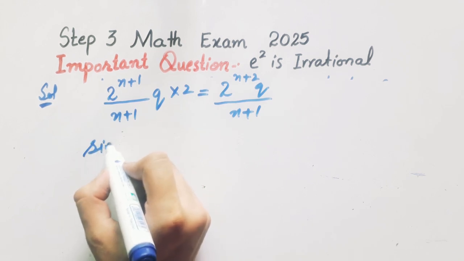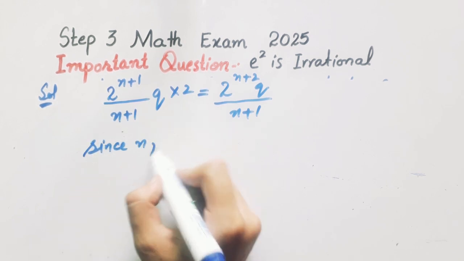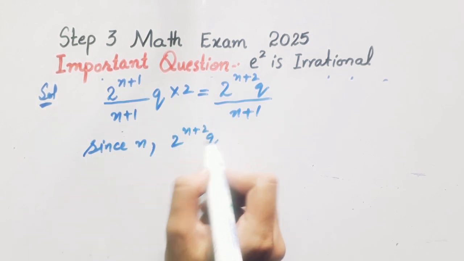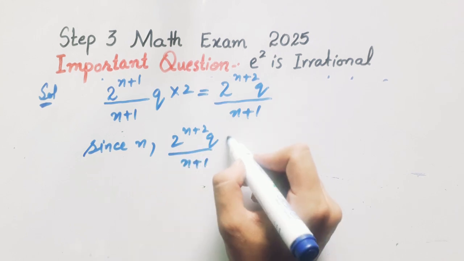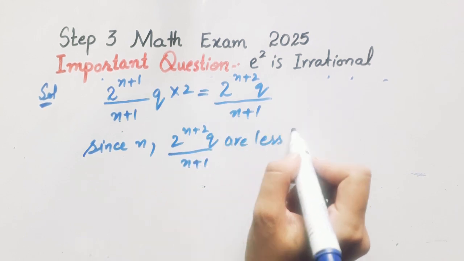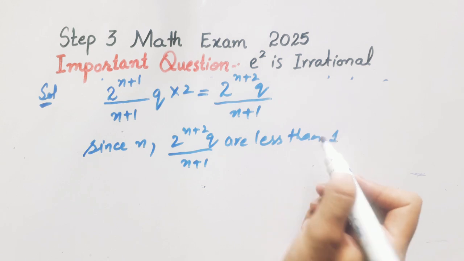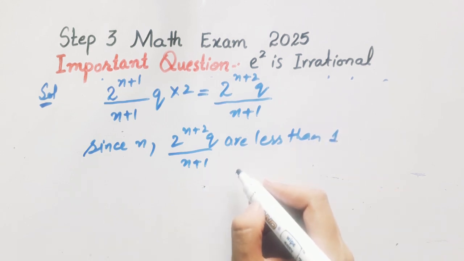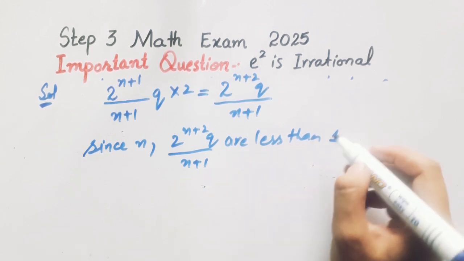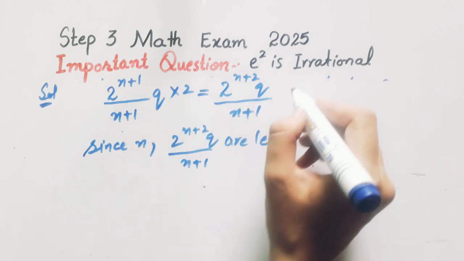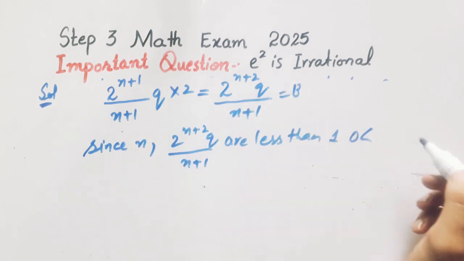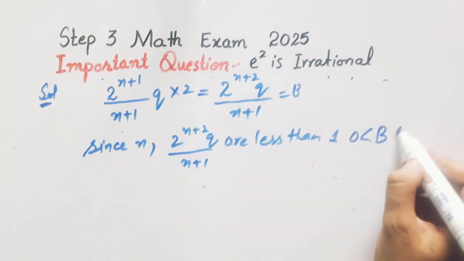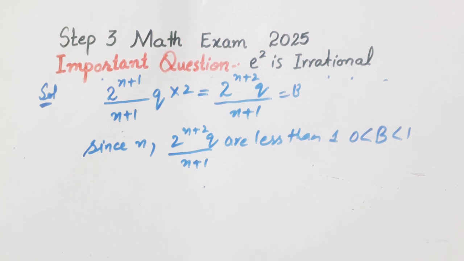Since 2 to the n plus 2 q over n plus 1 is less than 1, we consider the right hand side as b, so 0 is less than b and b is less than 1.